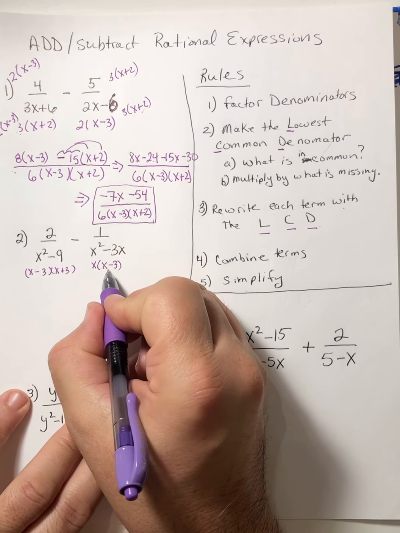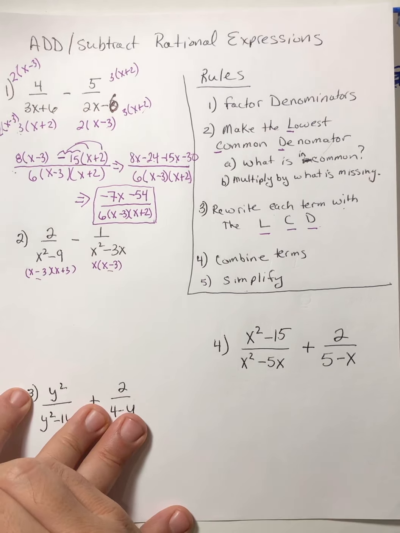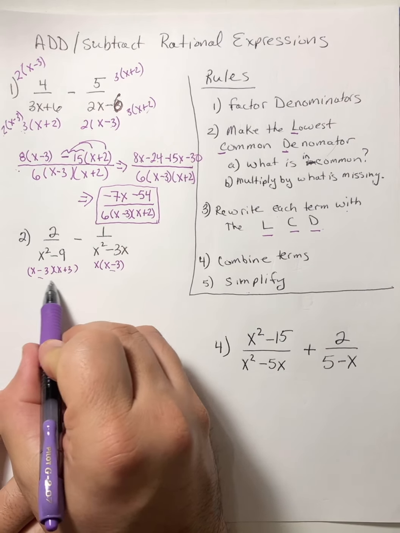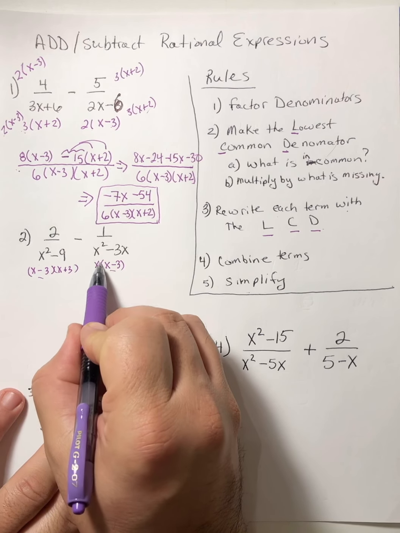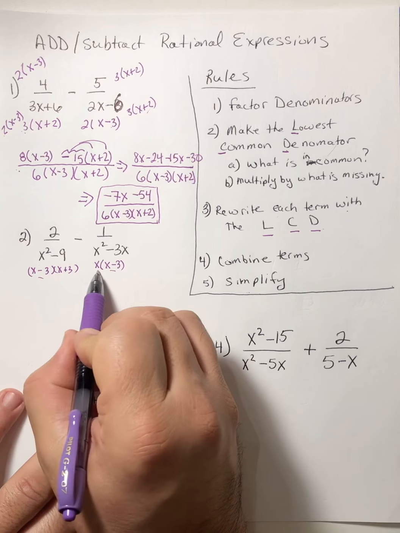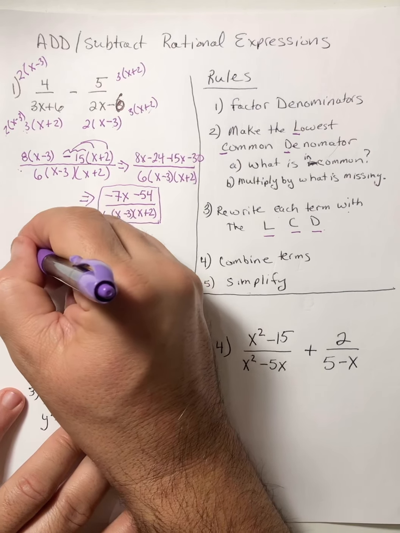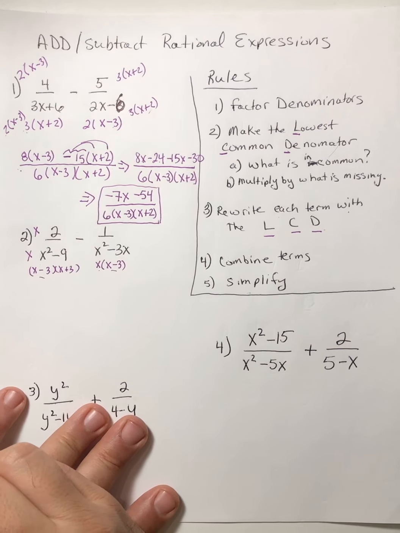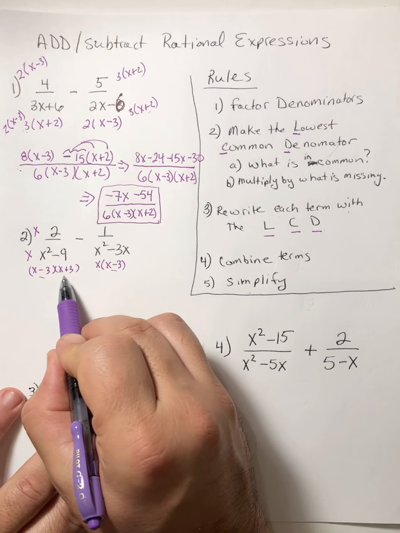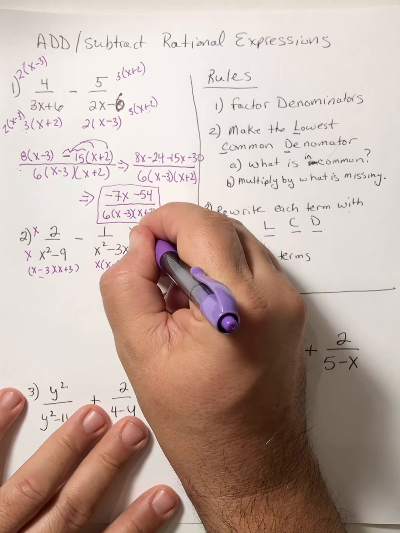You're right, I see an x minus 3 in common. Multiply by what's missing. This side is missing the x. That's right, this side is missing the x. So I have to multiply top and bottom by an x. This side is missing the x plus 3. So I have to multiply top and bottom by an x plus 3.